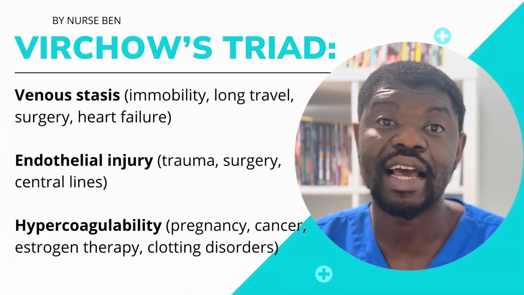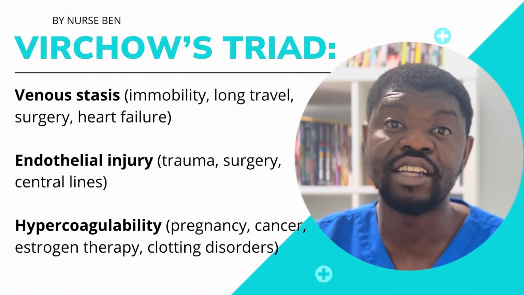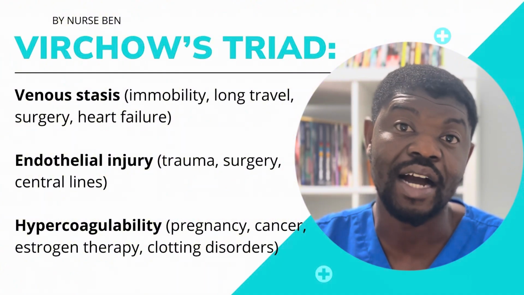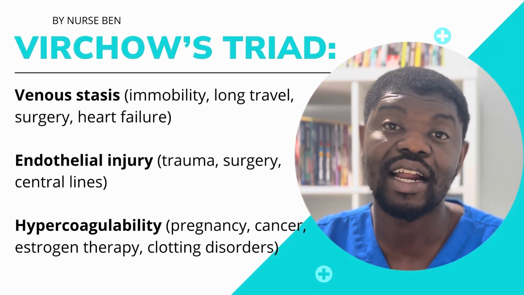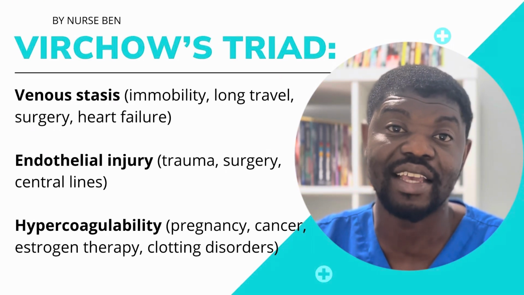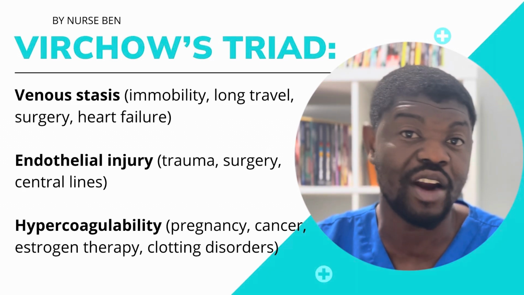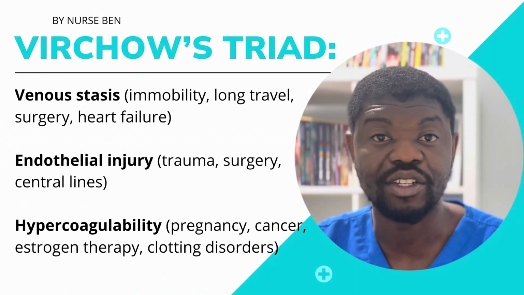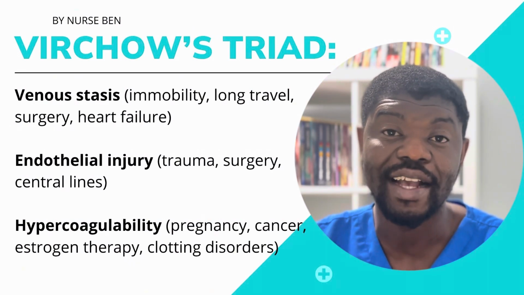And so things like immobility, long travels, surgery, and heart failure, most likely left-sided heart failure, are things that can predispose you to venous stasis. And once this is present, there is always the aim to try and mobilize the patient to prevent this, even if it's passive range of motion exercises.